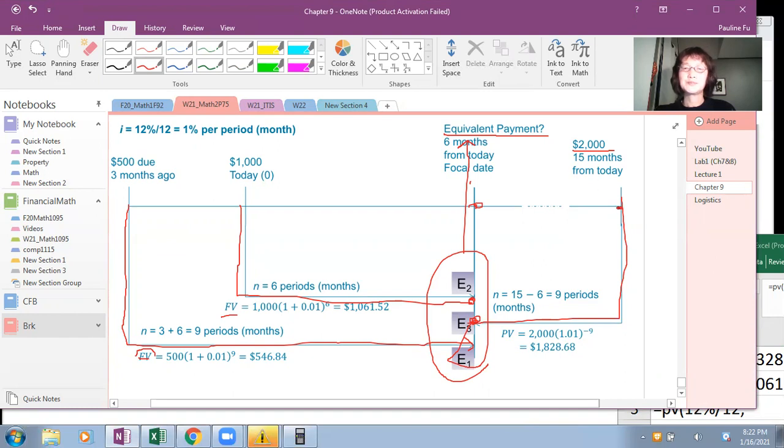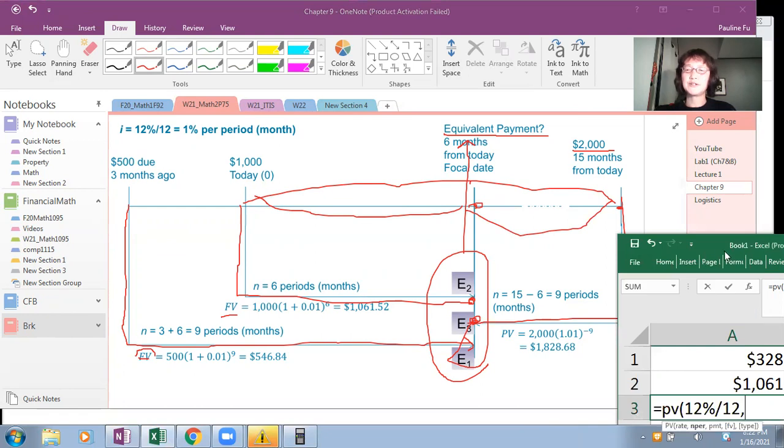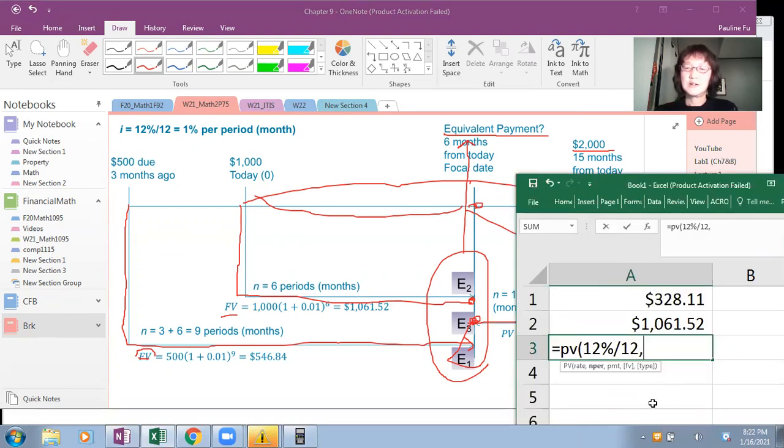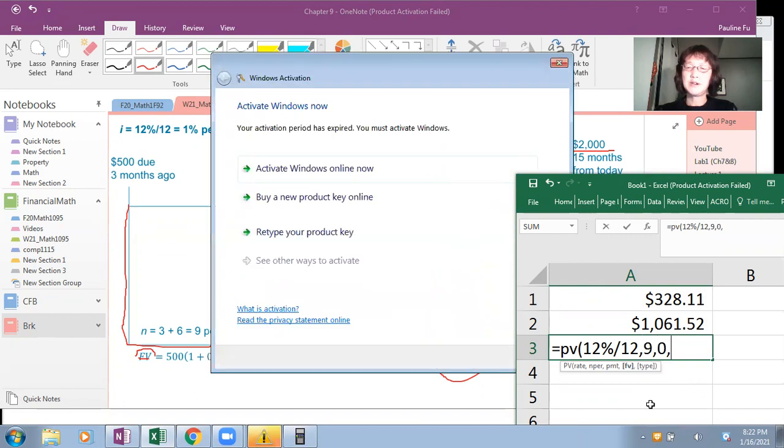It is 15 months minus 6 months, so 9 months. 9 is NPER, 0 PMT.